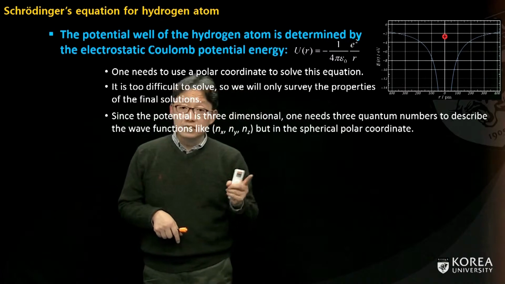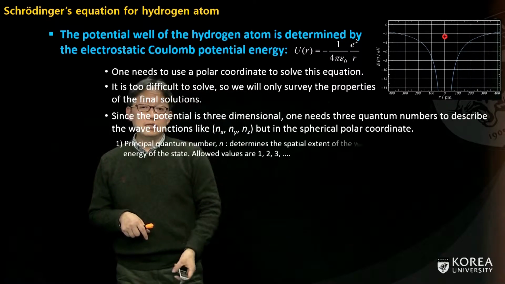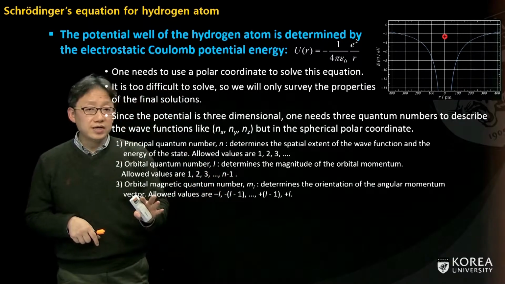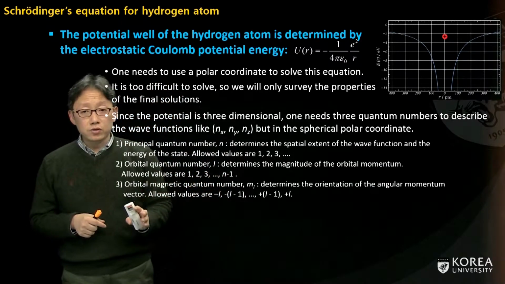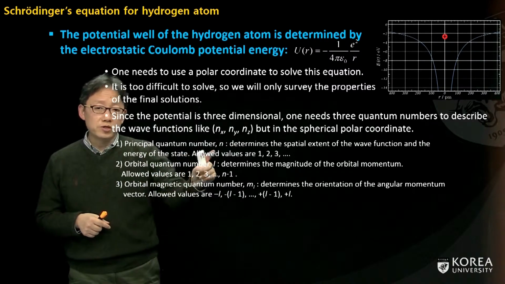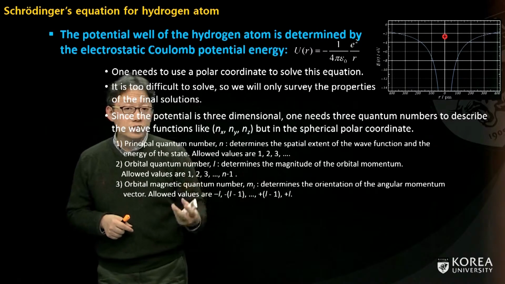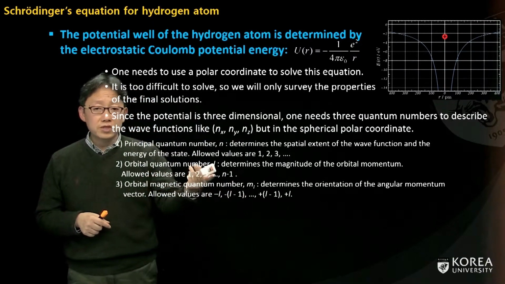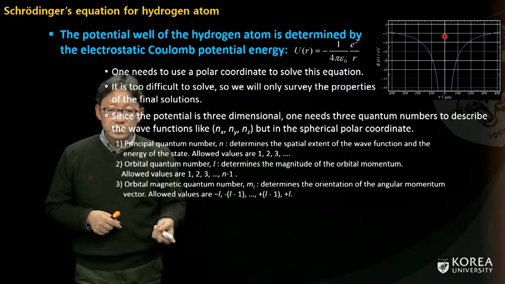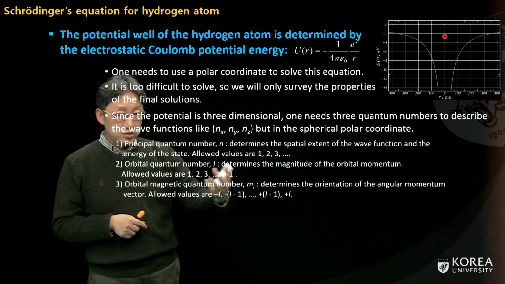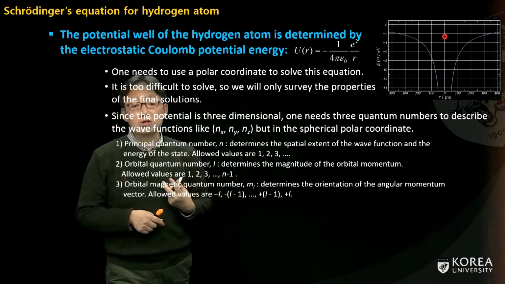Just like that, in this case, we again need 3 different quantum numbers. And it looks a lot more complicated because now we have a spherical polar coordinate. The first one is called the principal quantum number, just like what we have seen so far. The other 2 quantum numbers are called the orbital quantum number and the orbital magnetic quantum number. They represent how electrons are moving around in a circular fashion.